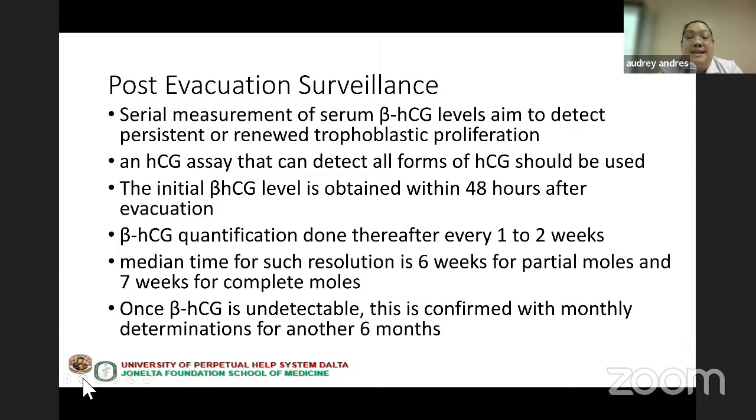Once it's undetectable, this is confirmed with monthly determinations for another 6 months. So you see how tedious post surveillance is. And after that, then every 2 weeks, then every 6 months, and so on.